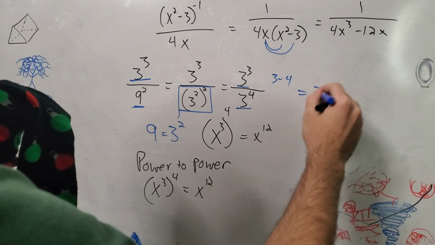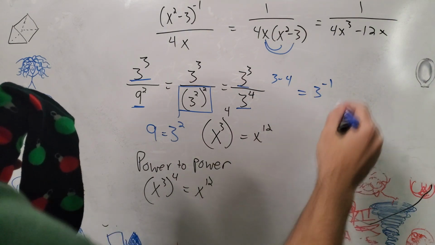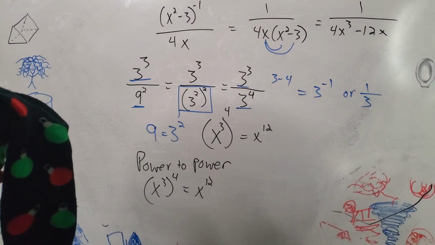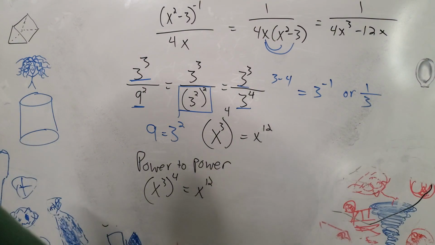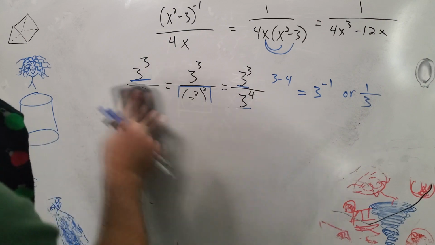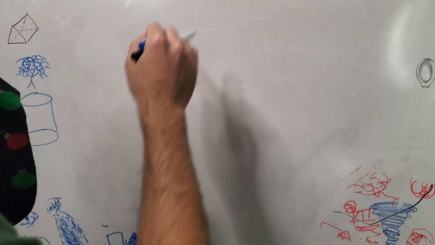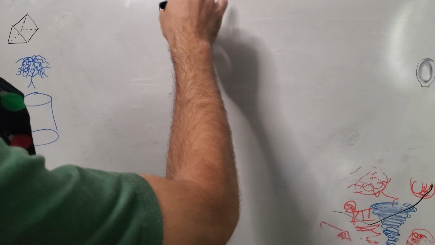So that gives us 3 to the negative 1, or 1 over 3. Let's practice that again. This is called, by the way, change of base.